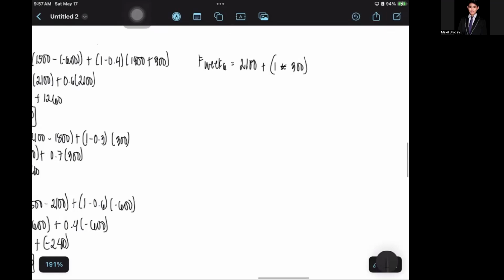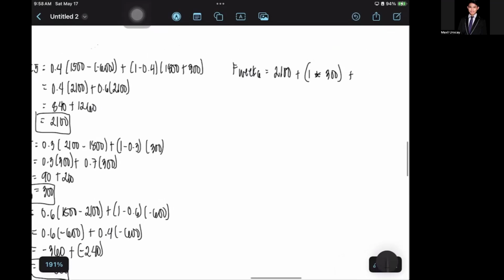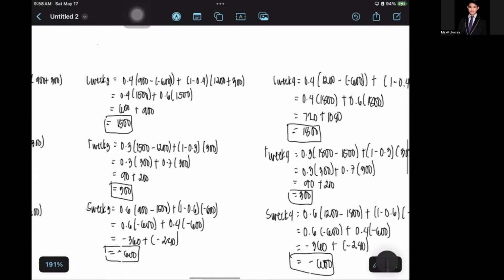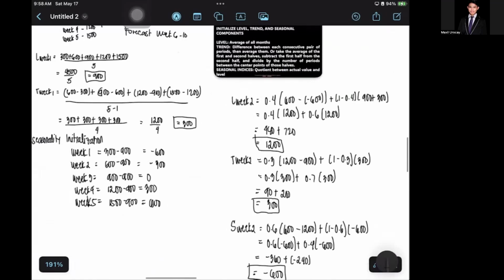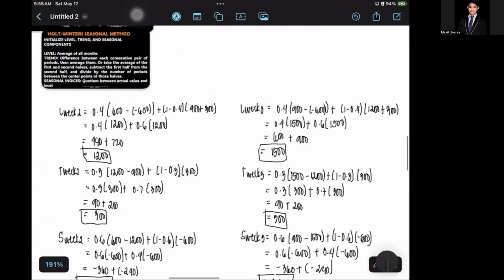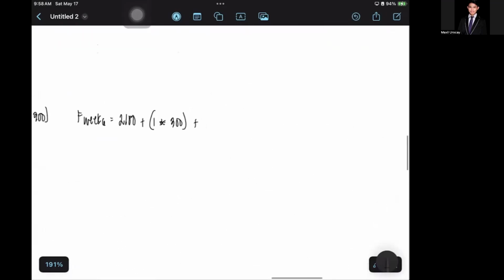And then plus the initialized seasonality of week 1. What is the initialized seasonality? That is negative 600 for week 1.